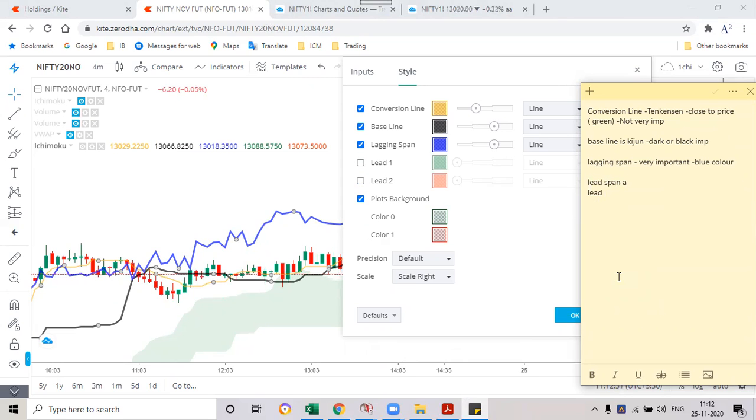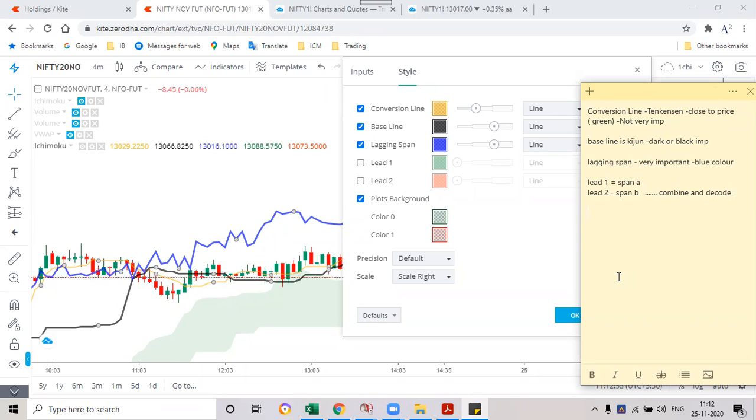Lead 1 equals Span A, lead 2 equals Span B. Now you have to see these two as a whole, combine and decode the message.